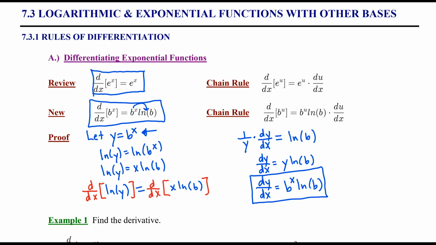Now, the chain rule applies both to our natural exponential and also our exponential functions with bases other than e. So if I need to differentiate with respect to x, b to the u, I'm going to make a copy of the exponential exactly as it appears.